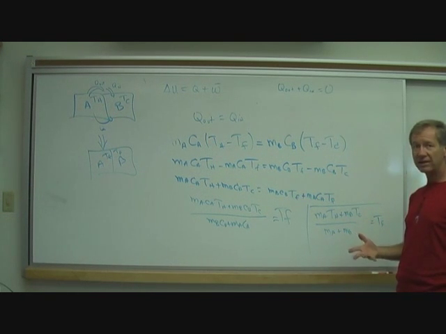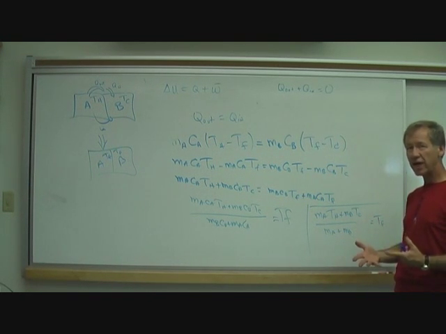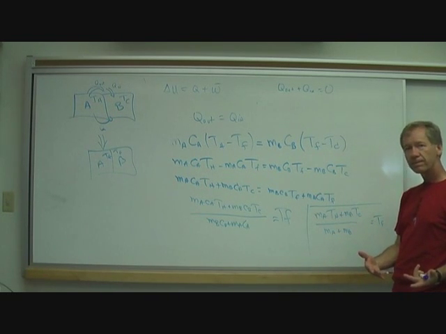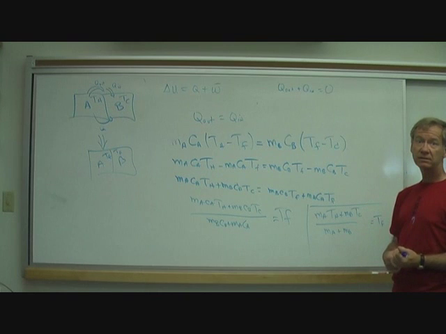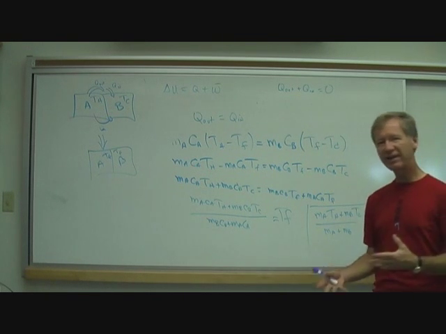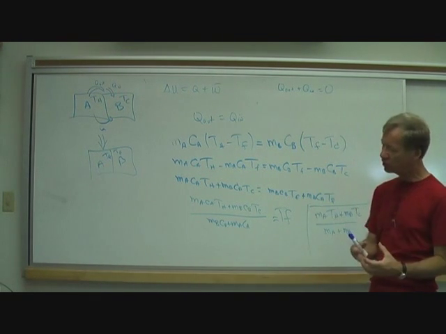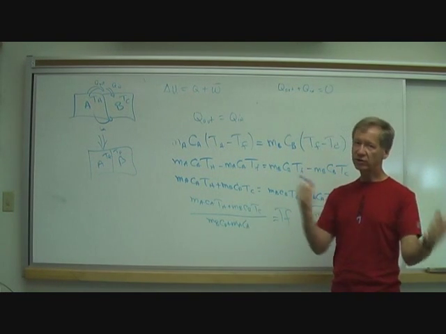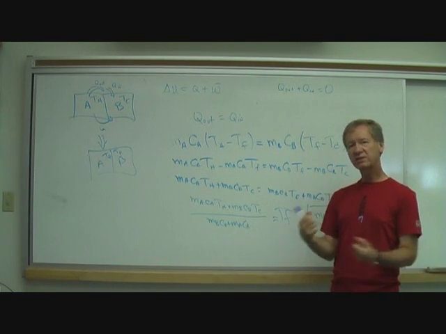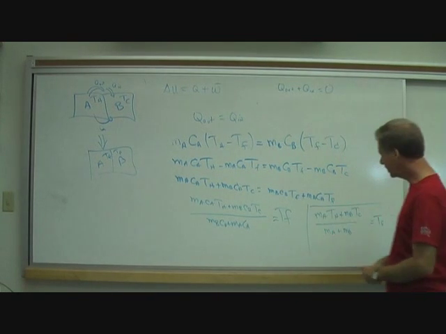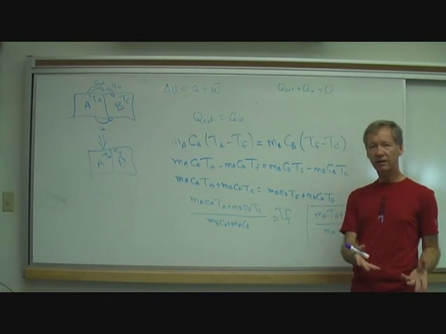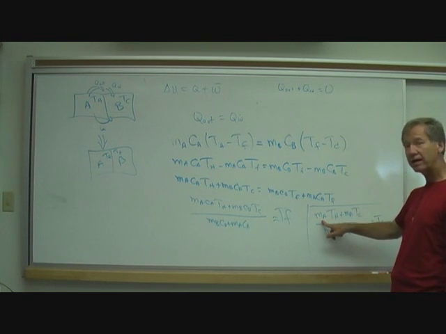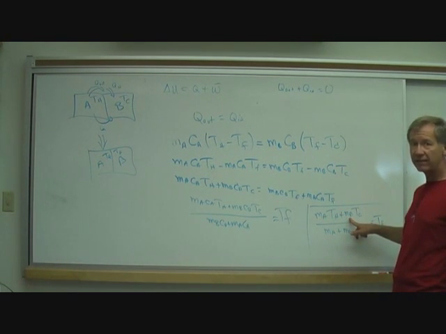And then finally, to do this sanity check, let's say both sides are the same size. That's what we started off with, right? We said if we have two chunks of iron that are 10 kilograms apiece, and they're at two different temperatures, what's the final temperature? Two chunks of 10 kilograms each would mean that the mass of A and the mass of B are the same.